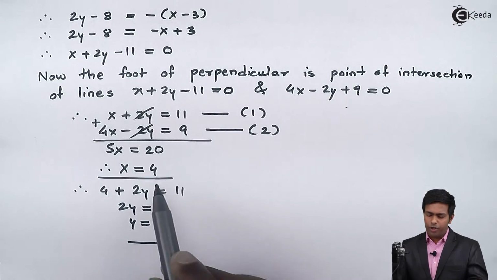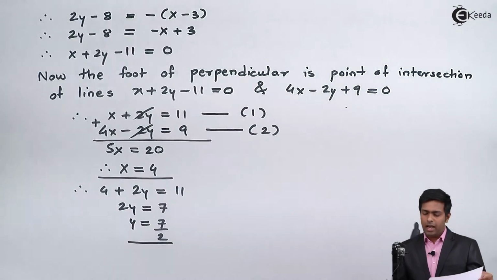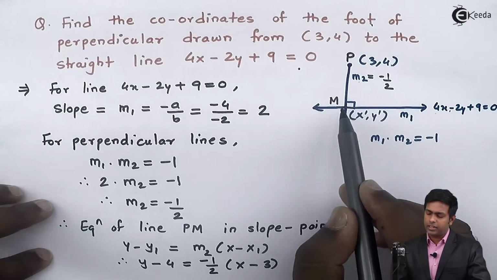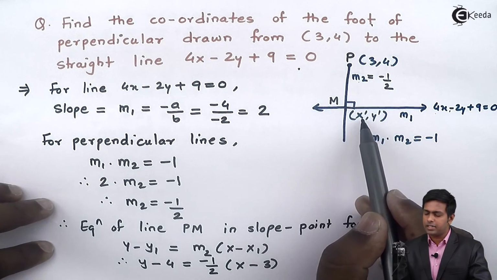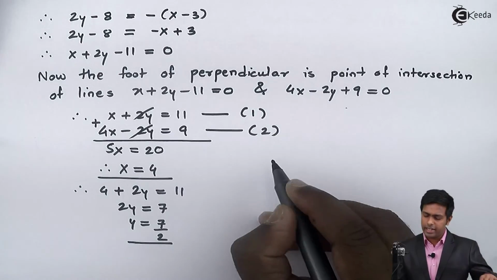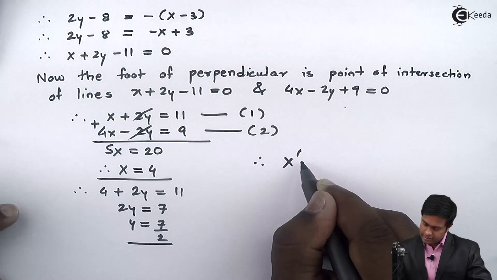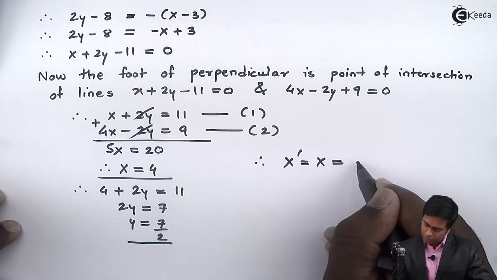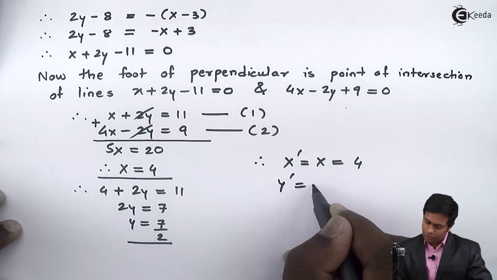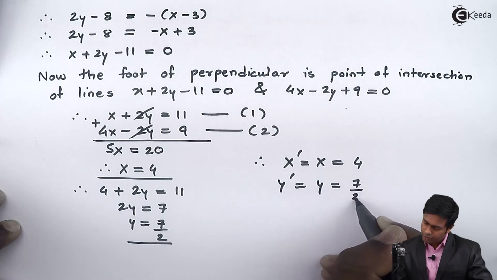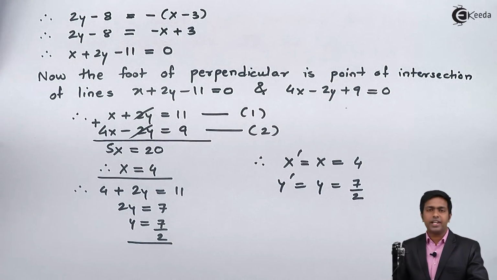This is the point of intersection of the two lines, which is nothing but the foot that we assumed as x' and y'. Therefore x' is equal to 4, and y' is equal to 7 by 2. So we got the coordinates of the foot of perpendicular. Thank you.